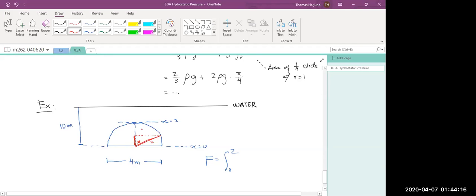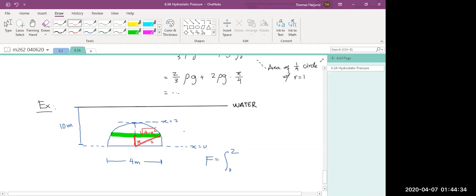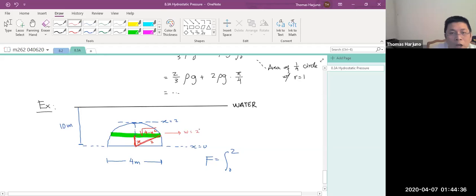So this side will be the square root of 4 minus x squared, right? Now, what will be the width of this strip? 2 times the square root of 4 minus x squared.